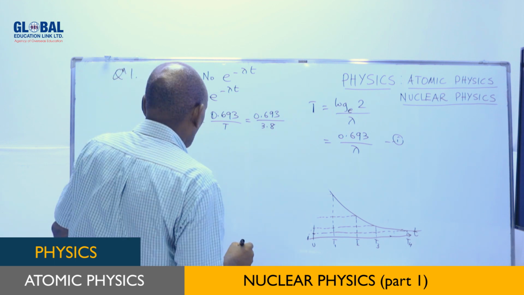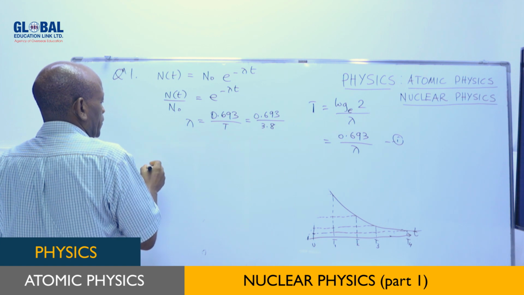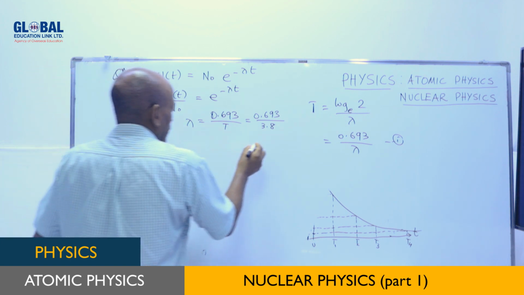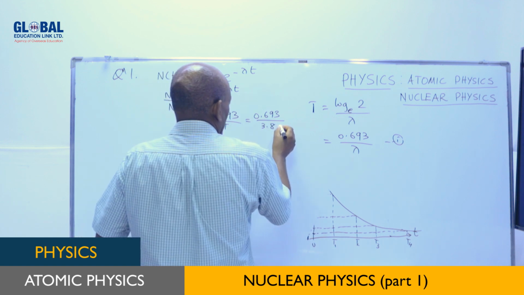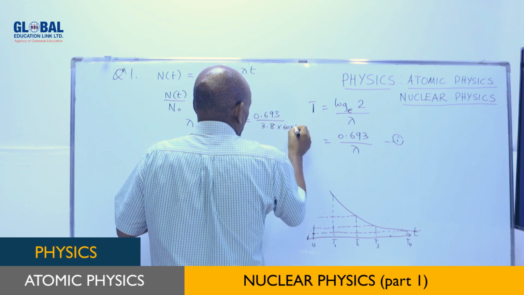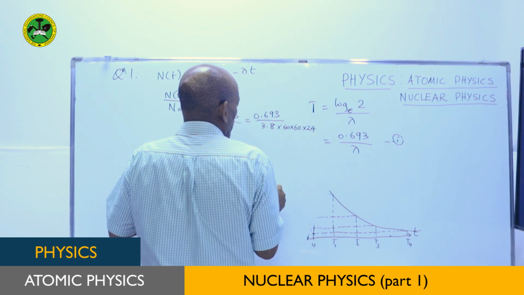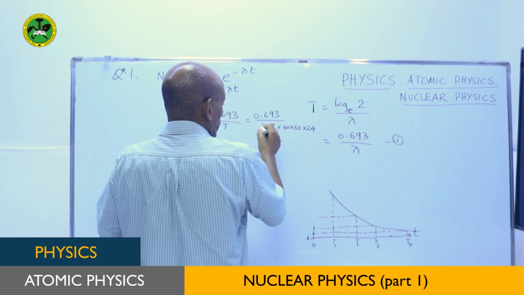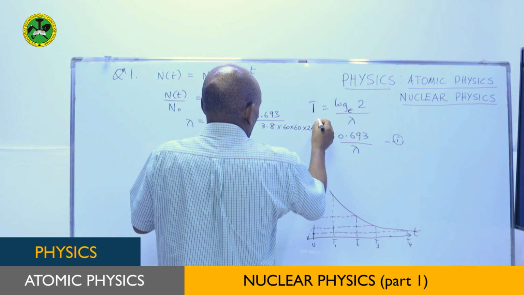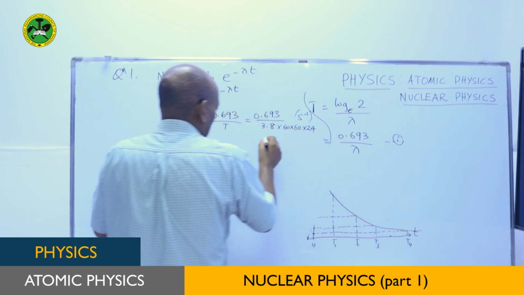So what we are going to do is substitute this particular value. If these are days, then we need to multiply by 60 times 60 times 24, so this will be per second, not per day.